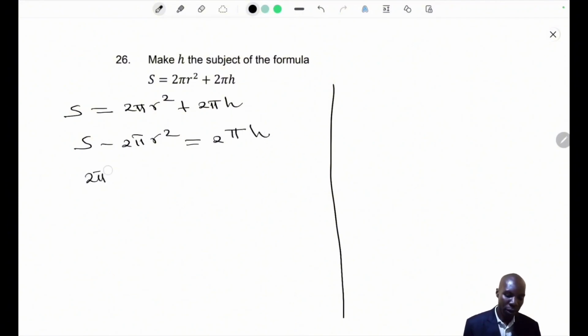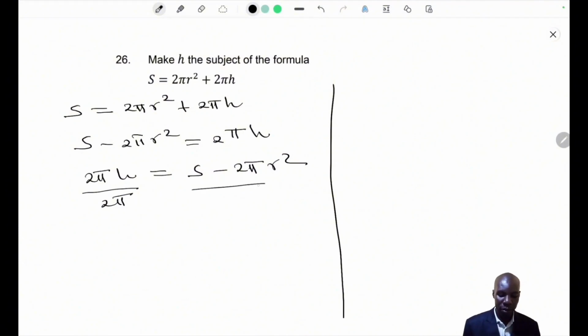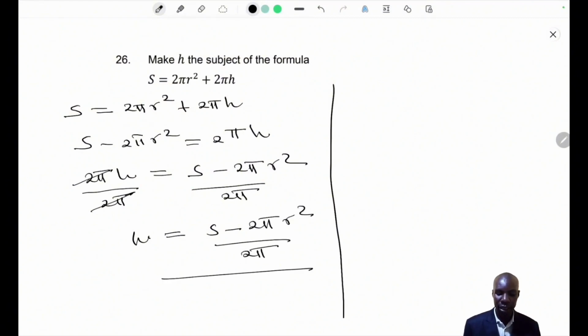So we have 2 pi h equals s minus 2 pi r squared. So if you divide both sides by 2 pi, 2 pi cancel, we are left with h equals s minus 2 pi r squared over 2 pi. That is the answer for that.